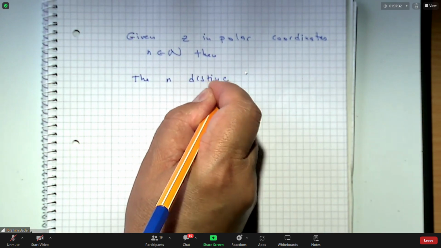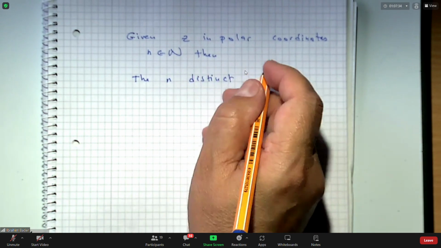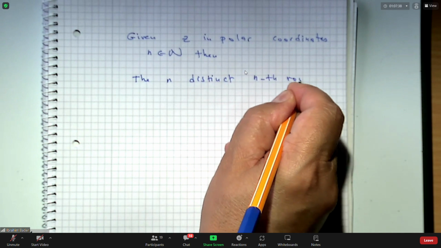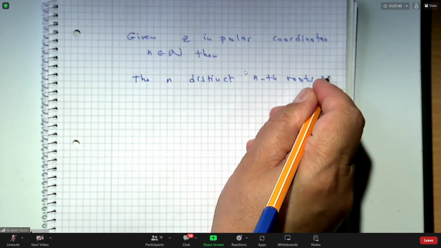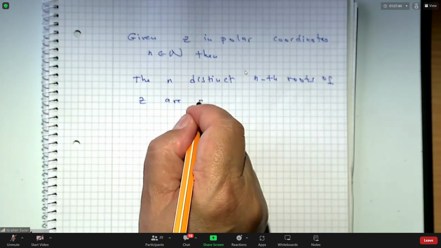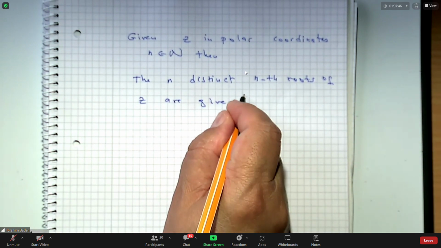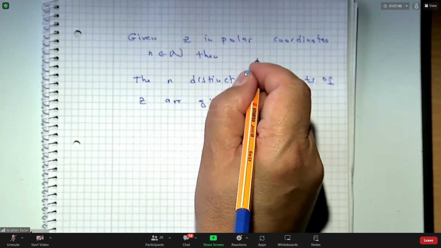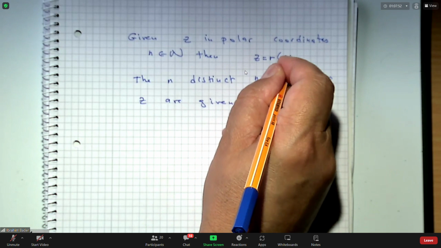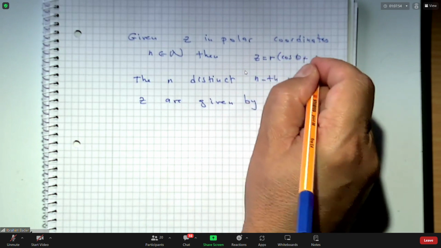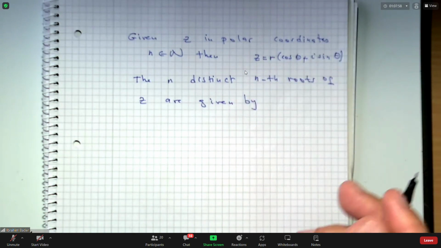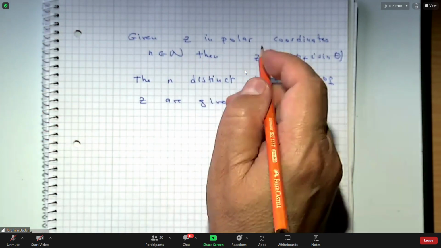Distinct, by the way, means they are not overlapping. Let me put z in polar coordinates as r times cosine theta plus i sine theta. This is where I start.